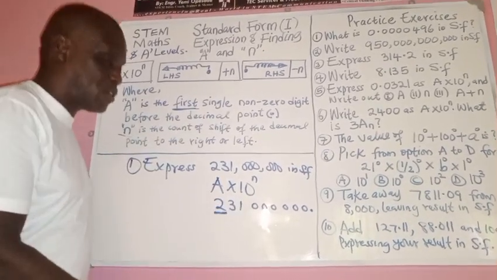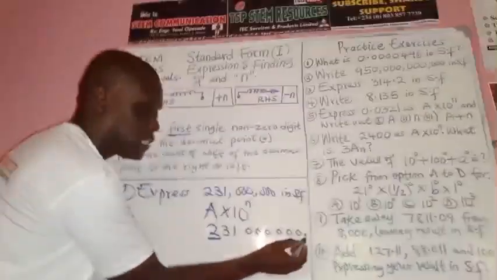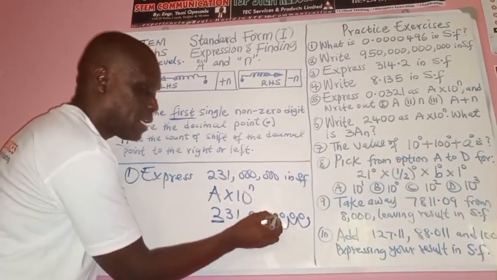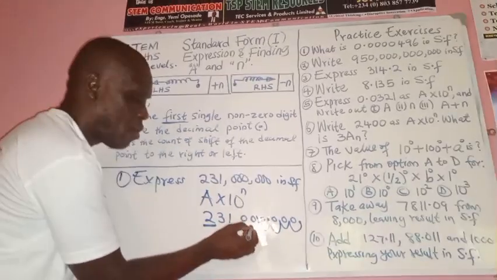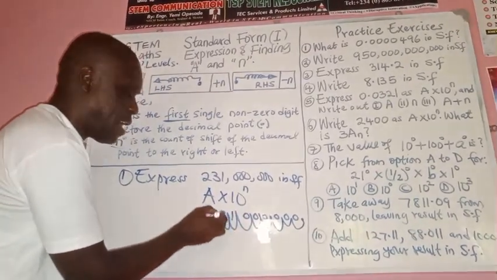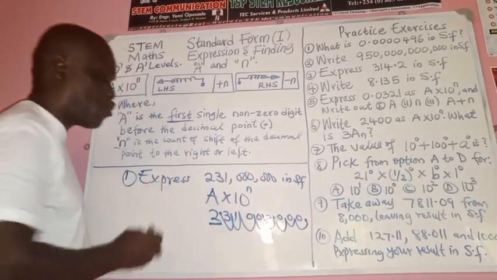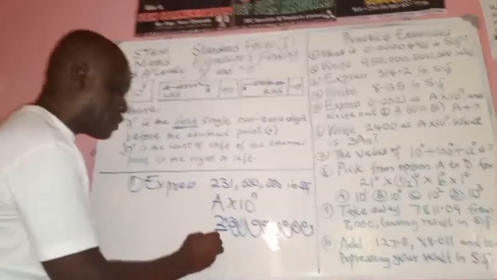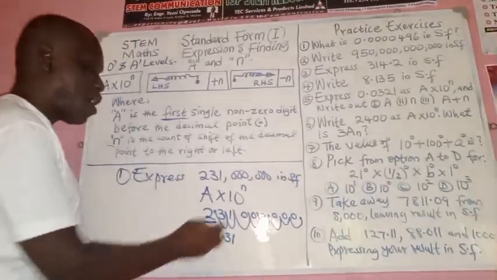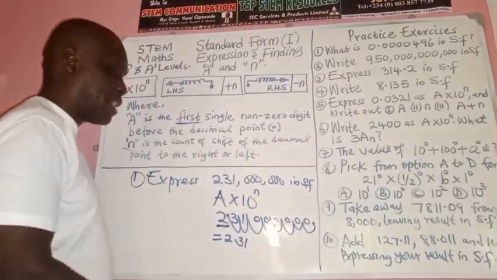So let's see the shifting now. See how to do the shifting. 1, 2, 3, 4, 5, 6, 7, 8. Look at the point. The point will come here. So it means that this number will now become 2.31. All these zeros will disappear. We don't need them again.